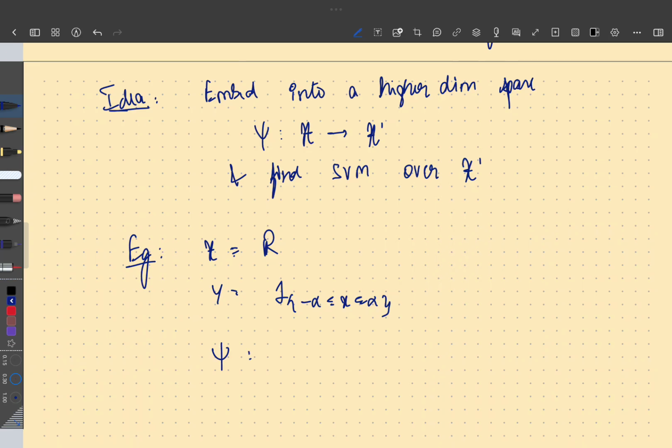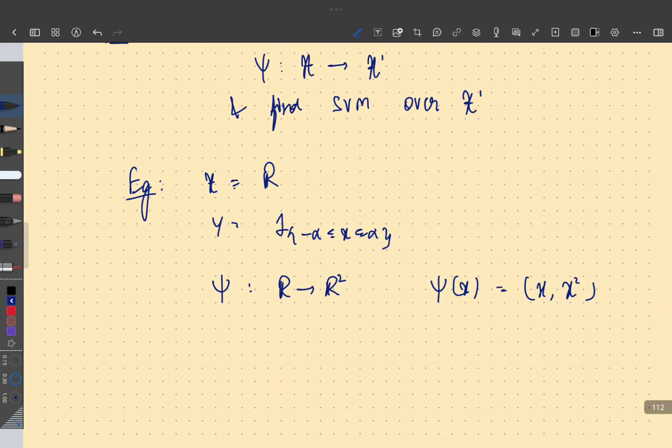Now in this case, if I take the map from R to R2 defined as psi of x equal to x comma x square, then this Y is equivalent to x square less than or equal to alpha square, right?